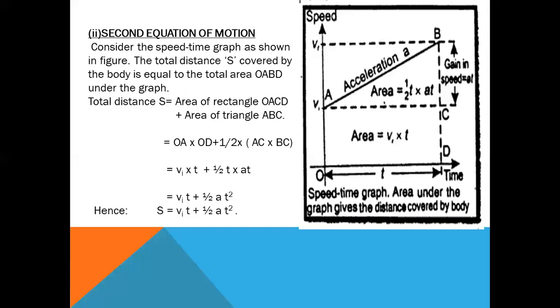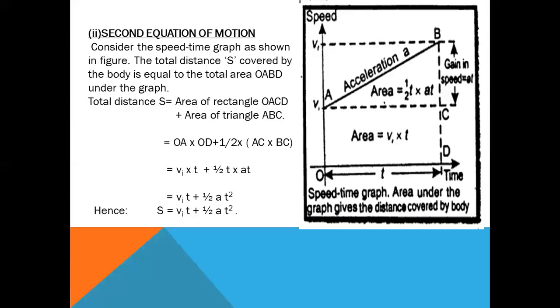Now area of rectangle is OA multiplied by OD, means length multiplied by breadth, plus half multiplied by AC multiplied by BC. It means 1 by 2 times base into height. This is area of triangle.